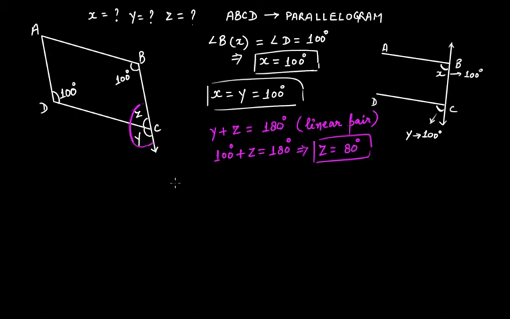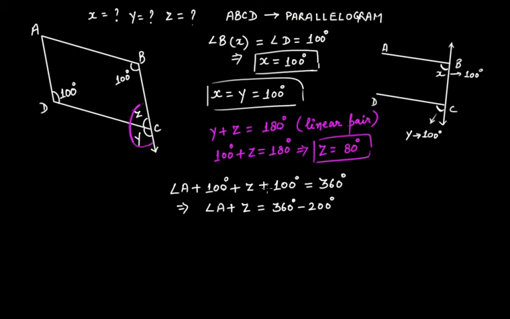So angle A plus angle B, that is 100 degrees, plus Z plus this 100 degrees is equal to 360 degrees. From here angle A plus Z is equal to 360 degrees minus 200 degrees, 100 degrees plus 100 degrees. From here you get angle A plus Z is equal to 160 degrees.